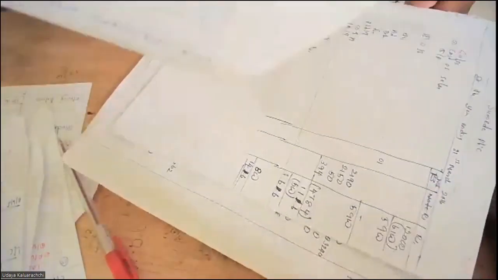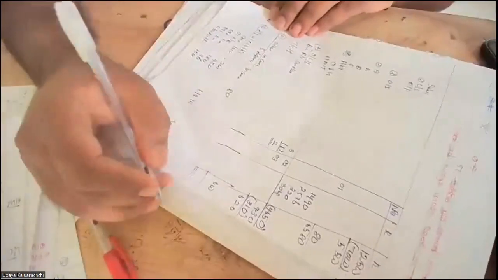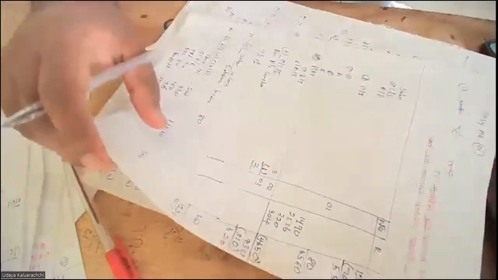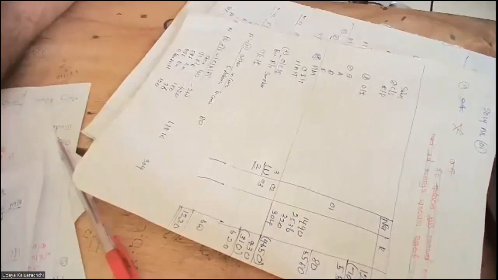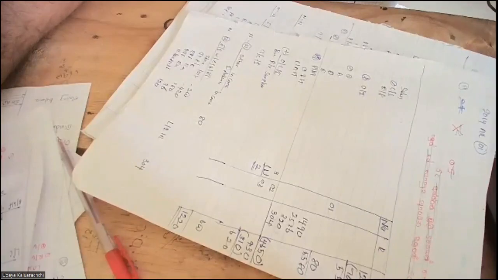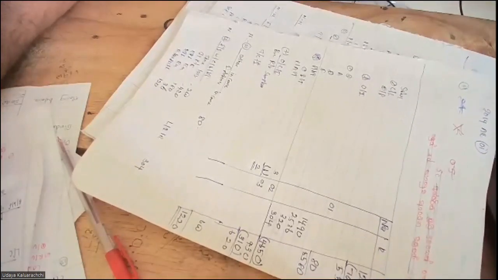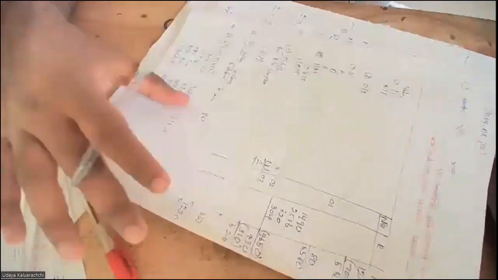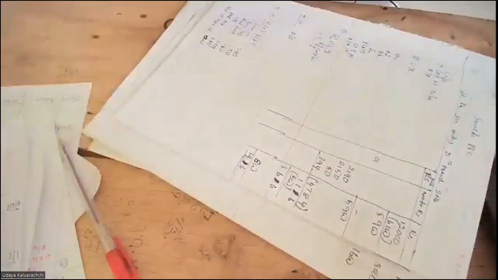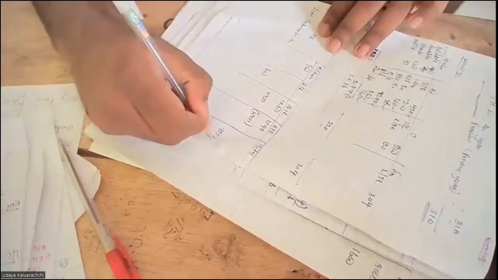Now you can complete this income statement. Total comprehensive income 1220. It is total comprehensive income 1220.